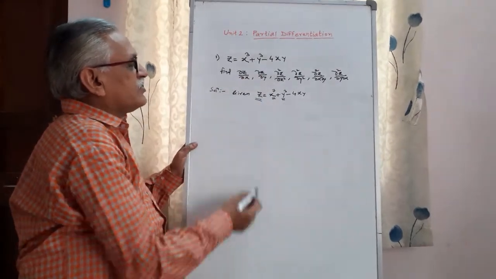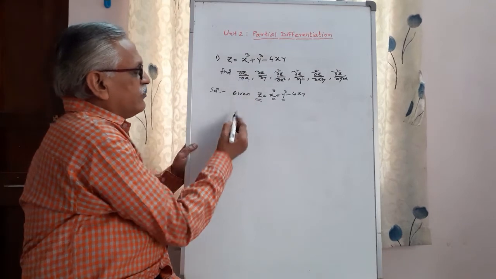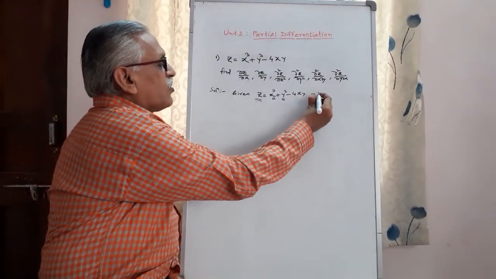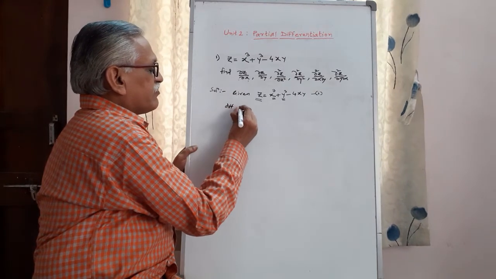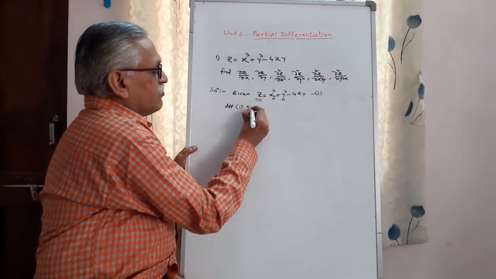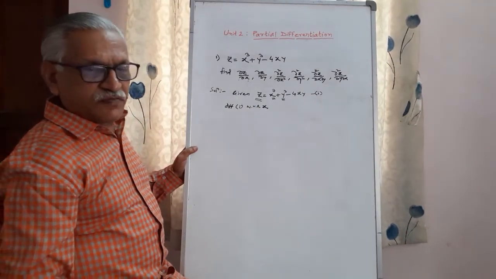If this point is clear, then I will show how we can perform the calculation for all this. Here it is required to find the derivative of z with respect to x, and for that, if you call this equation 1, differentiating 1 with respect to x, keeping y constant.